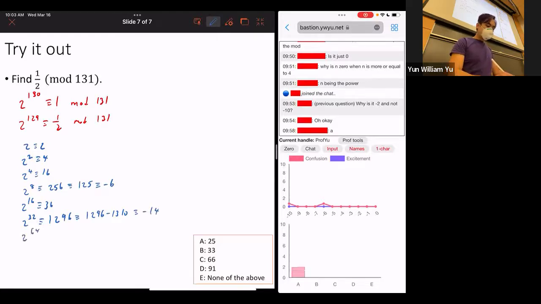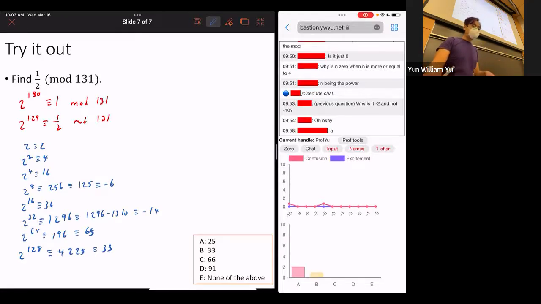And 2 to the 64 is congruent to 196, which is congruent to 65. And 2 to the 128 is congruent to 4225, which is congruent to 33. Okay, so given all of these powers of 2, hopefully you can solve for the reciprocal.